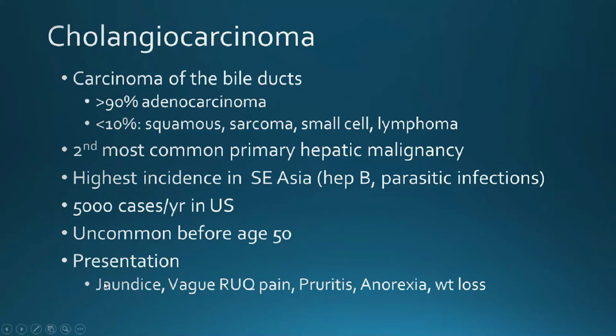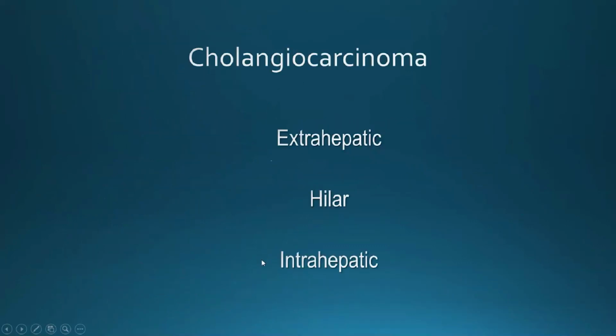And usually they present with jaundice, vague right upper quadrant pain, pruritus, anorexia, weight loss, and all the elements of cancer. Cholangiocarcinoma is divided into 3 categories: extrahepatic, hilar, and intrahepatic.